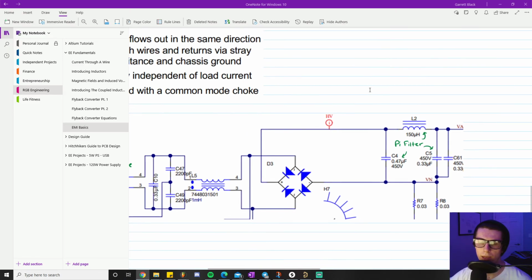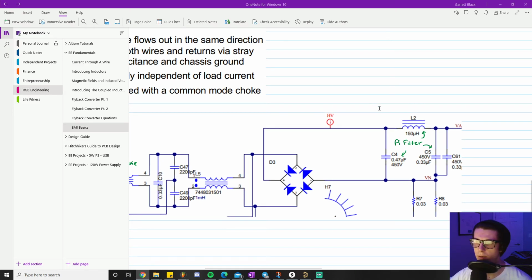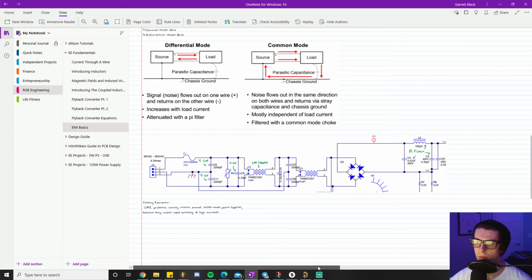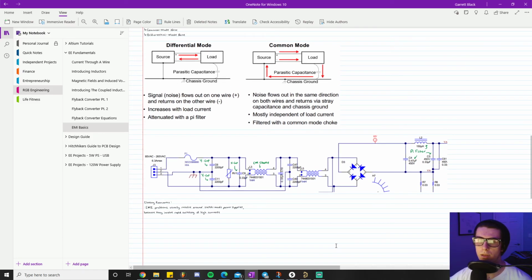We'll talk about how to design these in a later video. But that's pretty much what we're working with in terms of circuit design changes we can make in order to help mitigate EMI. This EMI input filter is one of those things.